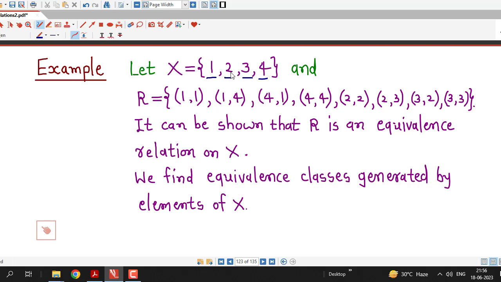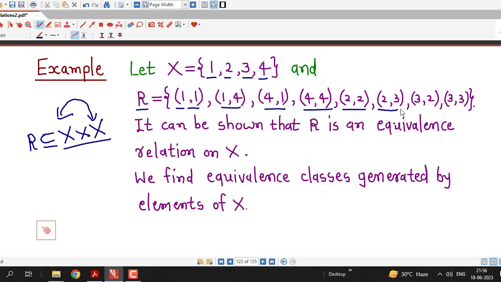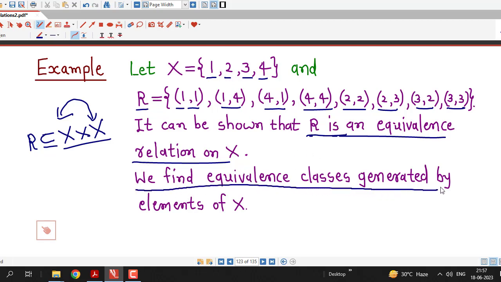We have taken capital X equal to {1, 2, 3, 4}, and here R is a relation on set X, that is R is a subset of X cross X. So we are considering some ordered pairs of X cross X, and we have written this relation on set X. Now you can prove that this relation R is an equivalence relation on X. You have to show that R is reflexive, symmetric and transitive. And here we are going to find equivalence classes generated by each element of given set X.